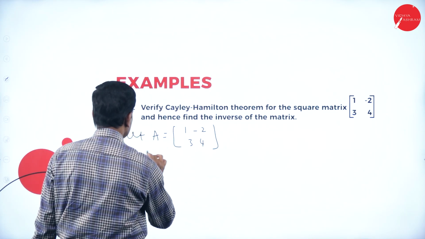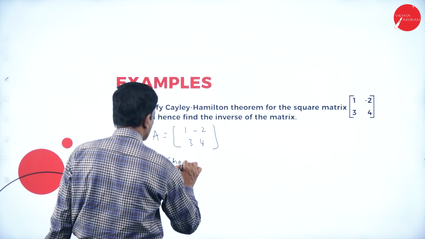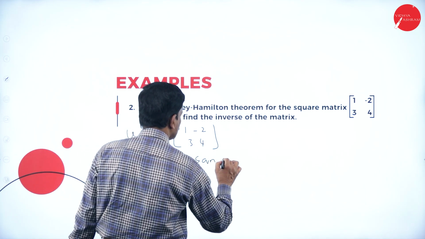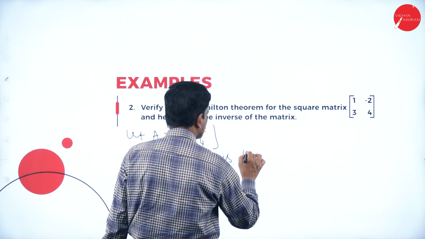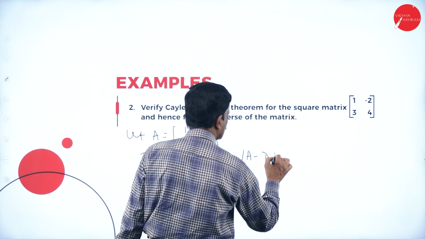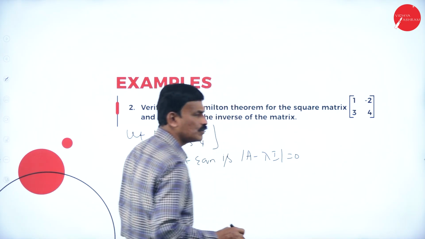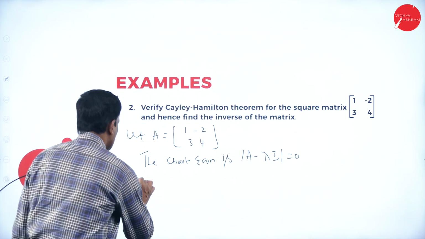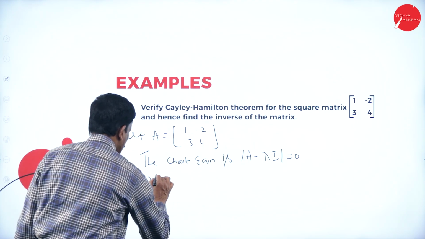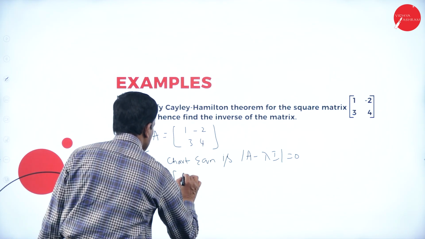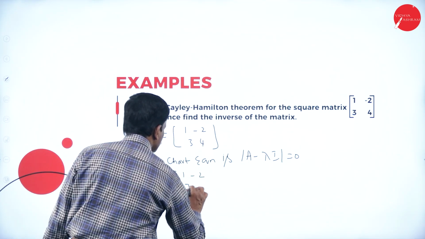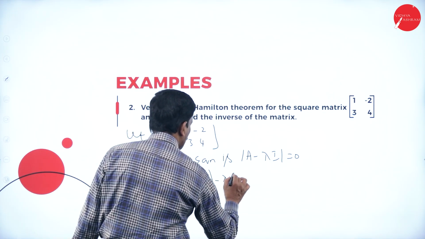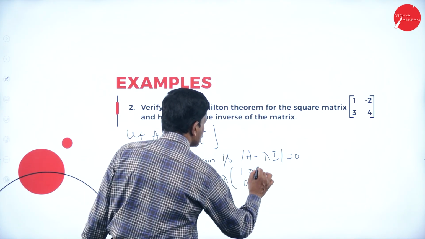Now the characteristic equation is determinant of A minus lambda I is equal to 0. First find out A minus lambda I. A minus lambda I is equal to, what is matrix A? 1, minus 2, 3, 4, minus lambda into 1, 0, 0, 1.